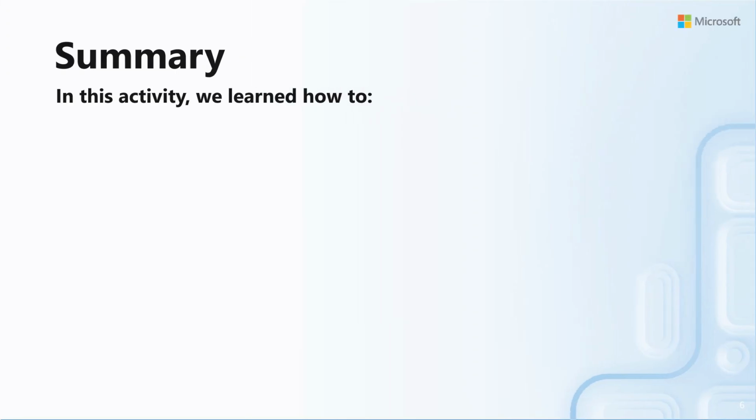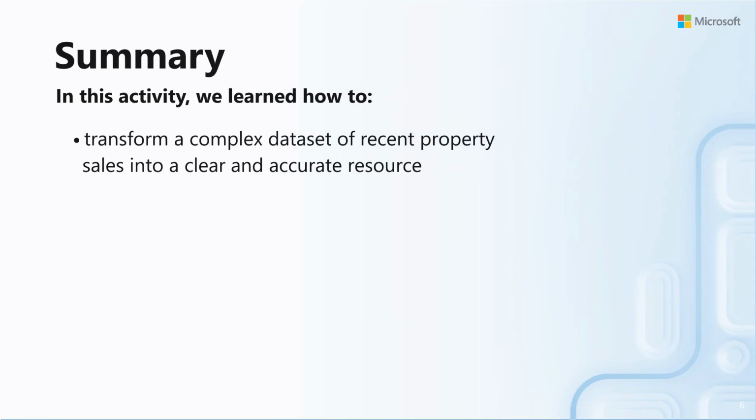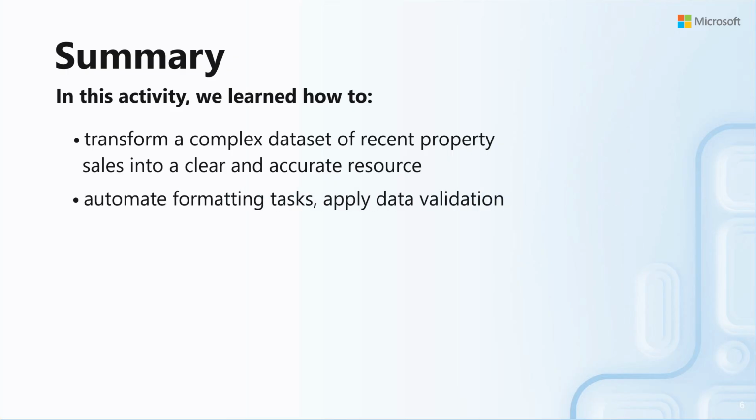Great! Let's recap what we've done. In this activity, we have successfully transformed a complex data set of recent property sales into a clear and accurate resource for your company. By utilizing Copilot, you automated formatting tasks, applied data validation rules to prevent errors, and created multiple pivot tables to summarize key metrics such as market value and rental income.